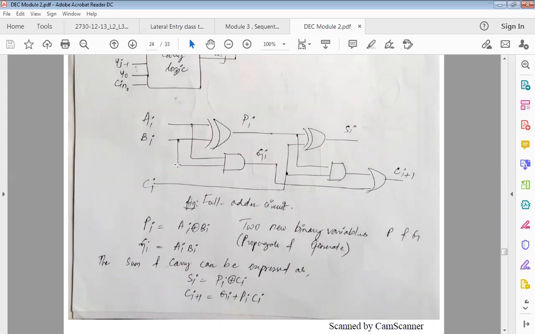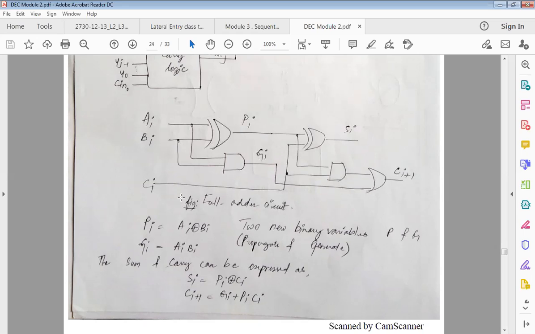If either A or B is low, then of course we are going to get a 0 because this is an AND gate. We know that this is an XOR gate. If the values are the same, then it is 0. If the values are different, then it's going to be a 1. So Pi and Gi are propagate and generate respectively.